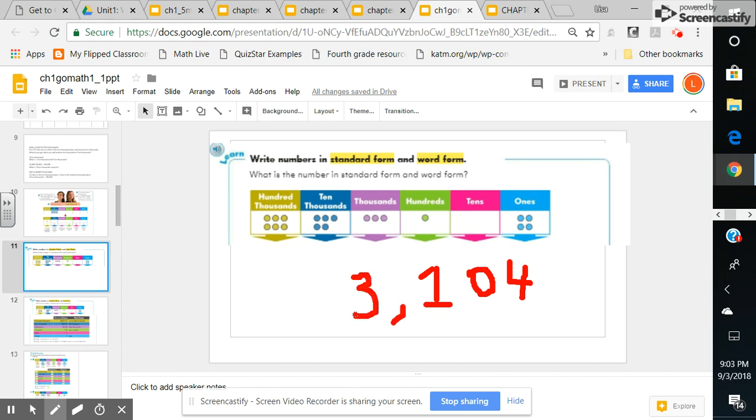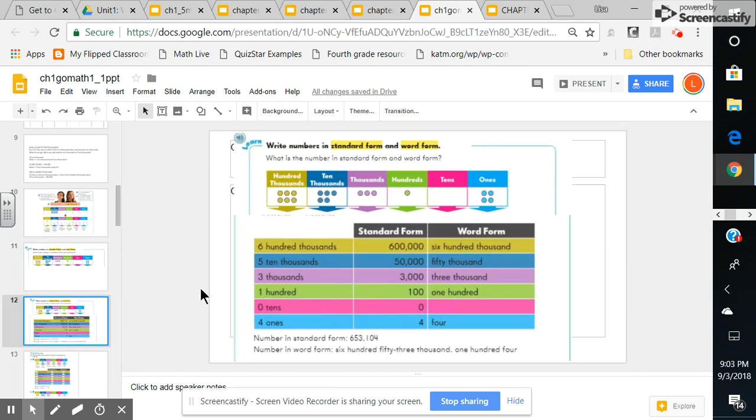There are 3 thousands, 5 ten thousands, and 6 hundred thousands. So it was the ones, tens, hundreds, thousands, ten thousands, hundred thousands, and we have our number. If we read it properly in standard form, it's 653,104. Remember to write this all in your notes.